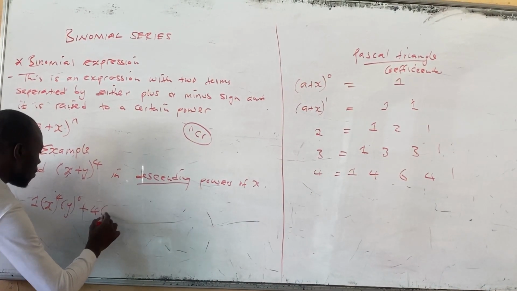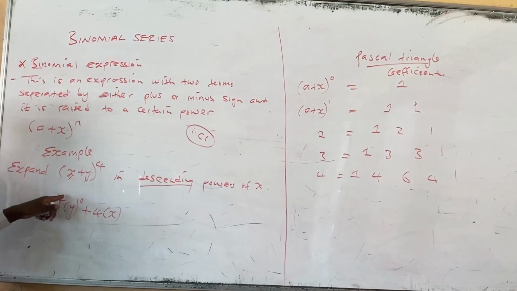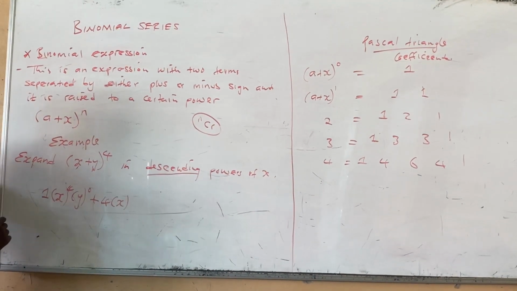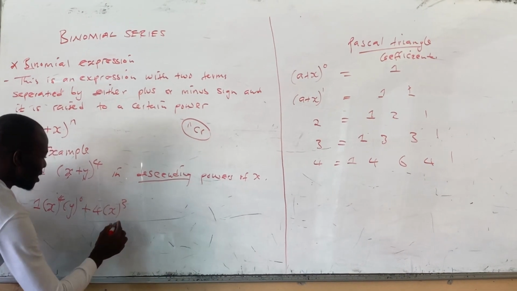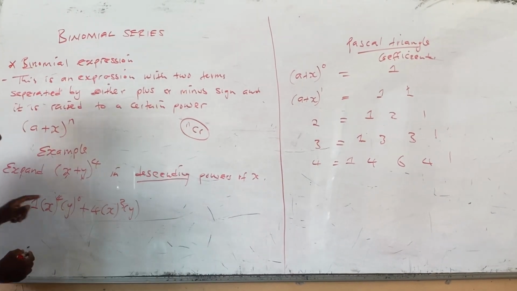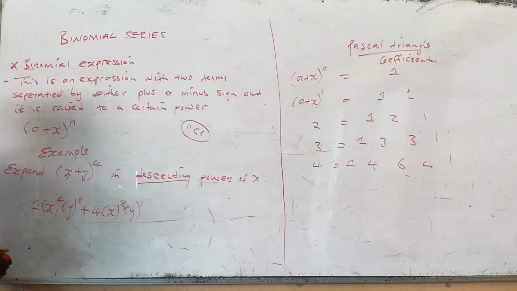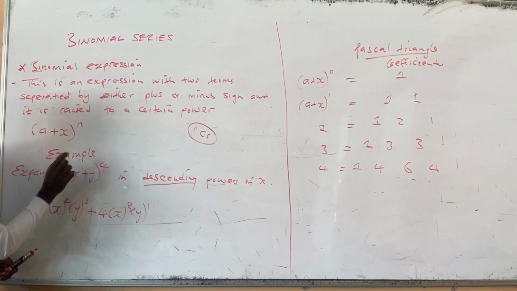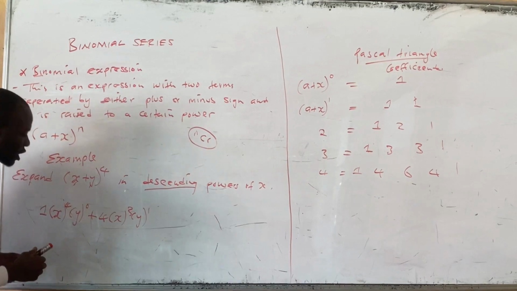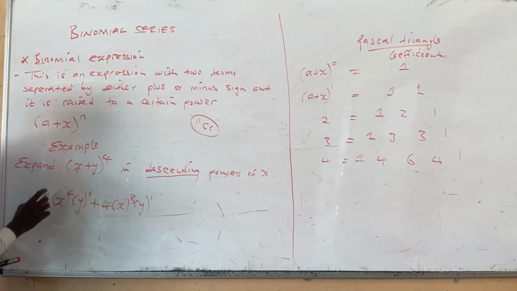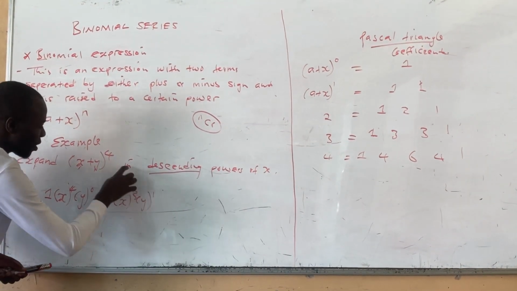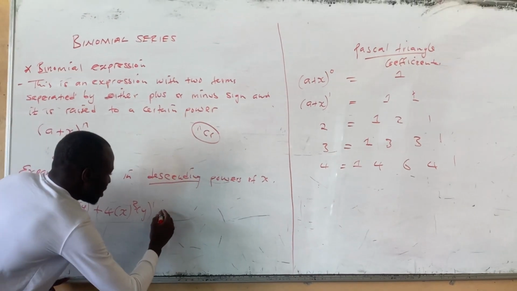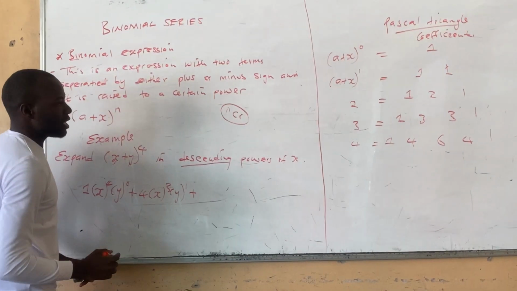Plus, you go to the next coefficient there, which is 4. So you say 4x. From 4 it will decrease to 3. Then y will increase from 0 to 1. And when you add the powers on each term, you should get the highest power in the expression. For example here, 4 plus 0, you get 4. 3 plus 1, you get 4. Let's move to the next coefficient, in this case 6.